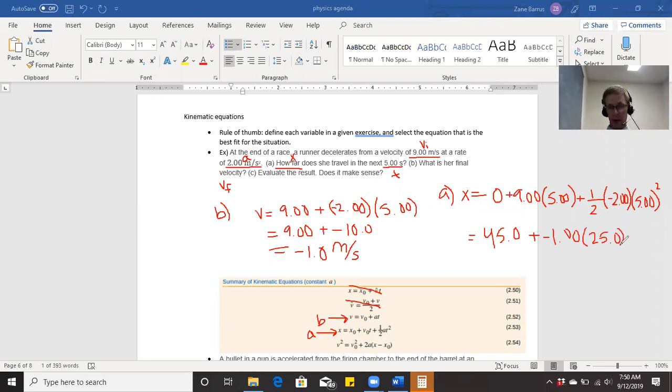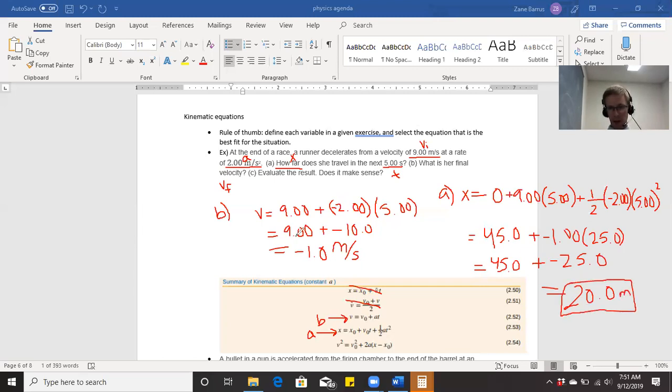So we have 45.0 plus -1.00 times 25.0. Let's do our PEMDAS. -1 times 25 is -25. And then we have 45 plus -25. It looks like we didn't really need a calculator for this one, actually. This is a pretty nice problem. So 45 plus -25 gives me 20 meters. And that's how far the runner traveled.